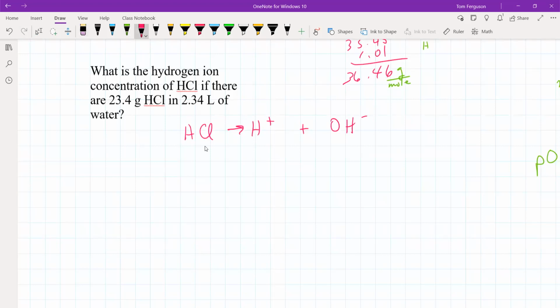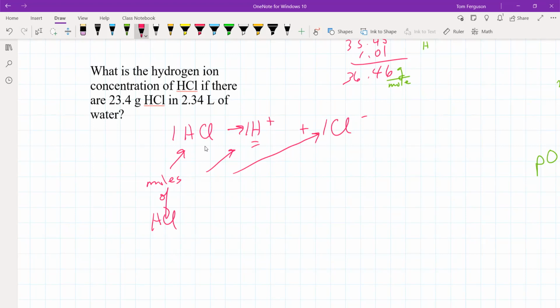So we can calculate the moles of HCl, and because we know it's a strong acid, we know the moles of hydrogen ions, 1-to-1. We also know the moles of the chlorine ion, which is chloride. So we know the moles of that, that, and that, because it's a 1-to-1-to-1 ratio.